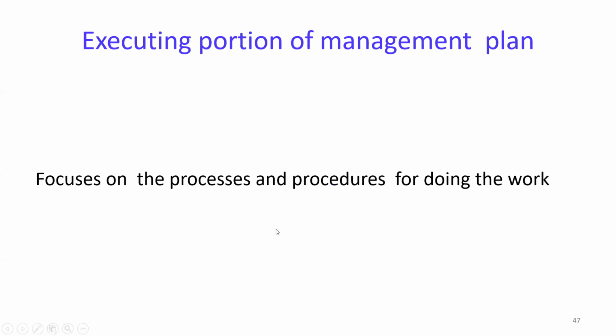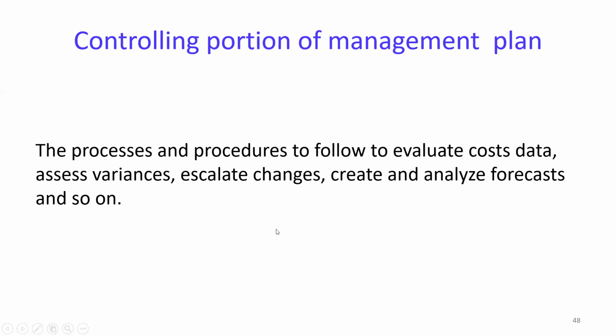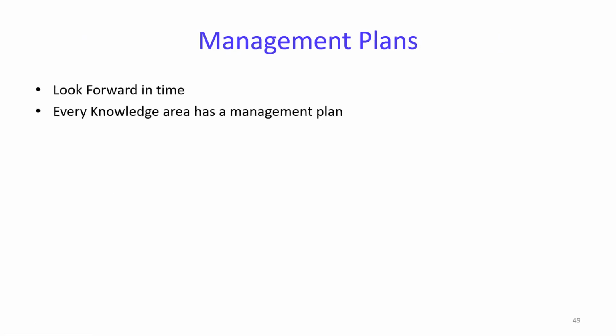Focus on the processes and procedures of doing the work. The controlling portion of the management plan talks about processes and procedures to follow to evaluate. You want to check things, inspect things, audit things, evaluate cost data, assess variances, escalate changes, analyze, forecast, and so on. Okay, so all plans will be doing these 3 things: define, execute, and control.